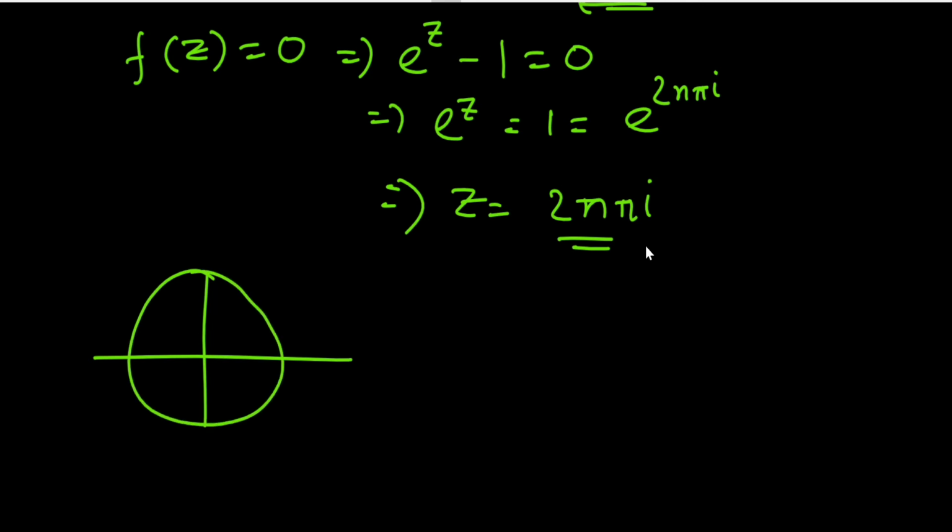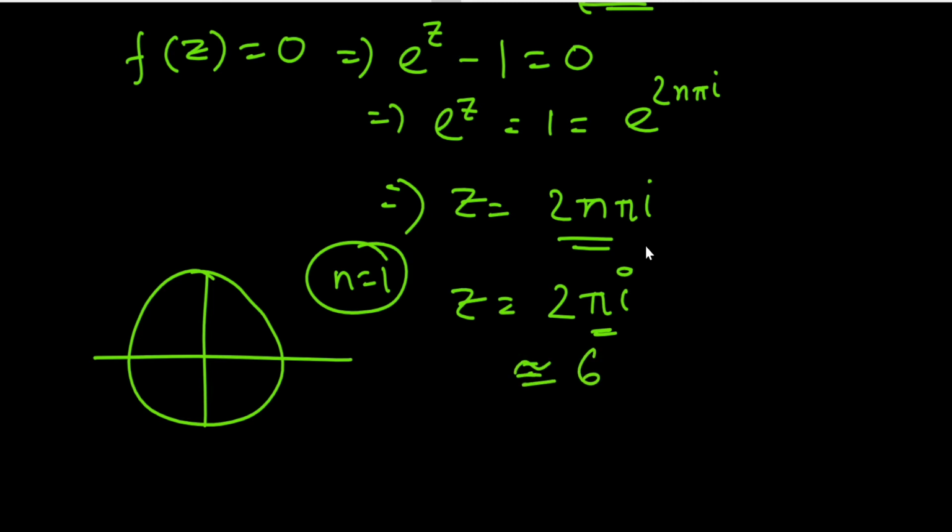Now if we put n equal to 1, then we get z equal to 2 pi iota, which is nearly equal to 6 iota, taking pi nearly equal to 3, which is inside the circle. Since the radius is 8, 6 iota lies here.